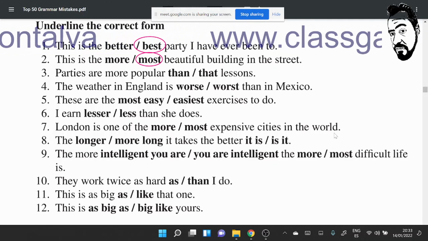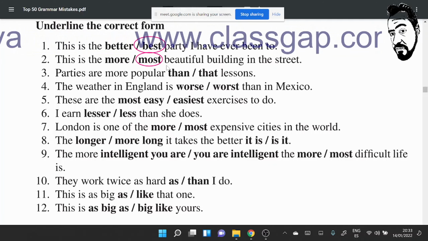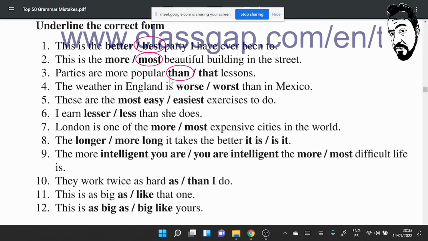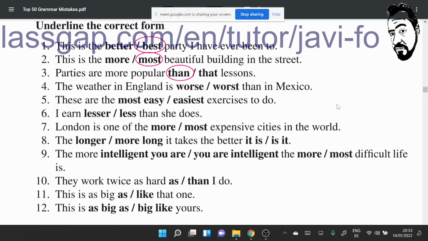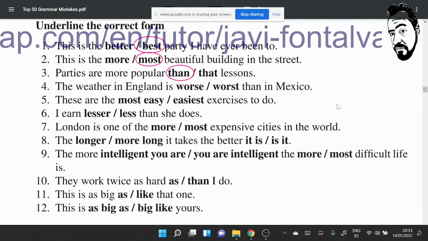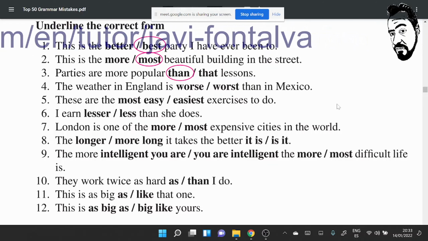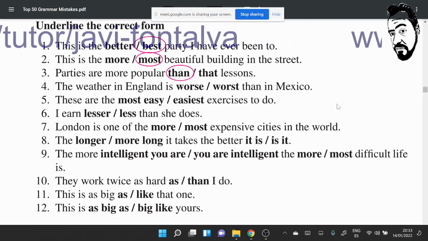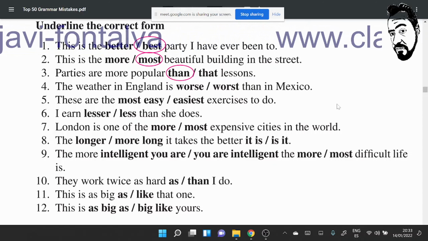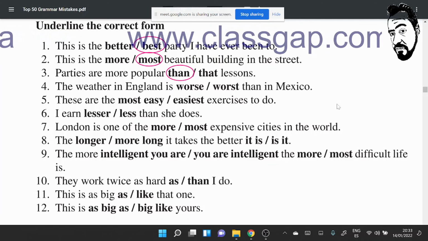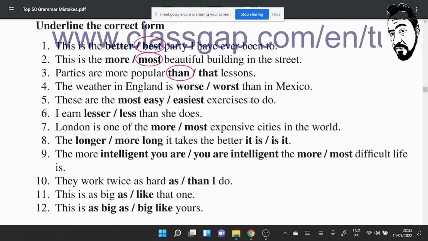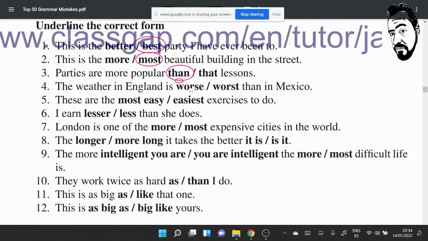Number 3. Parties are more popular than lessons. Yes. So we use this when you're comparing. Number 4. The weather in England is worse than in Mexico.